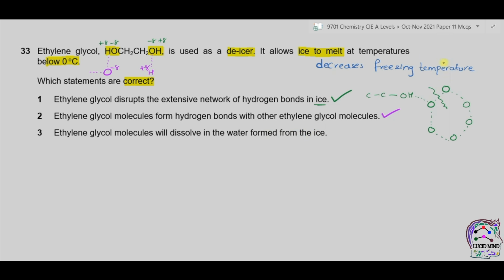As we know that the freezing temperature is decreased and we know that an impurity can decrease the freezing temperature. Now ethylene glycol behaves as an impurity, so it dissolves in water to make hydrogen bonds with water. This is also true. All three options are correct, therefore the answer is A.